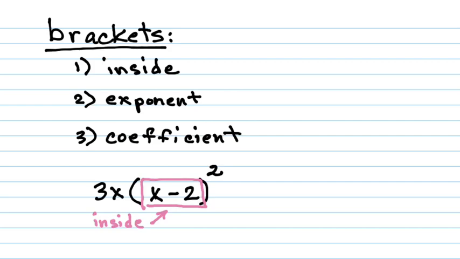Okay? Good. Now, what if I wanted to know the exponent on this bracket? Where's the exponent? The exponent is 3. Well, be careful. The exponent is the little number that's floating off on the upper right-hand side, right? So in this case, the exponent is a what? 2.